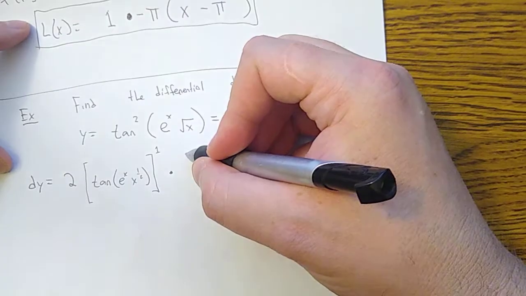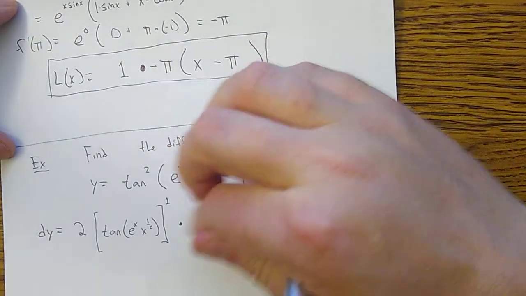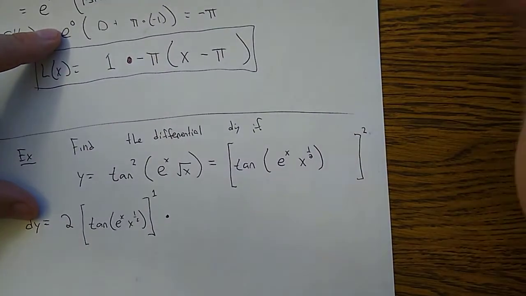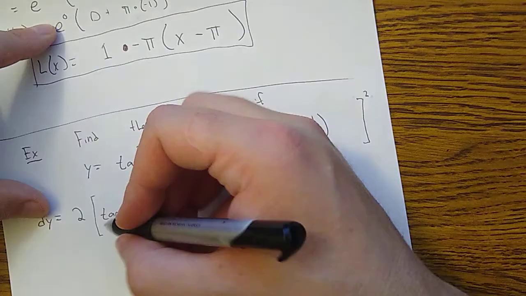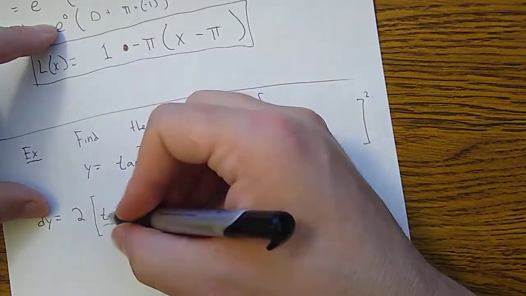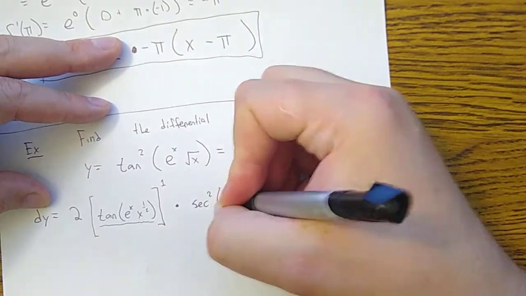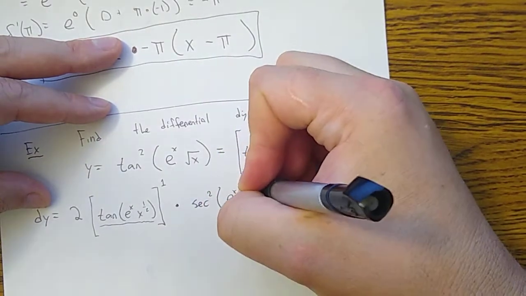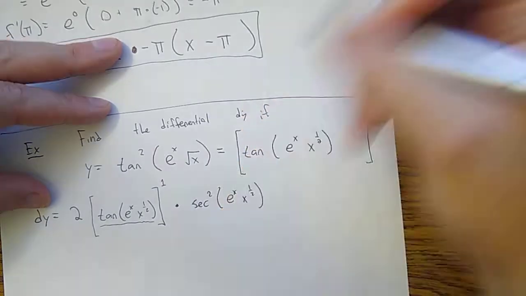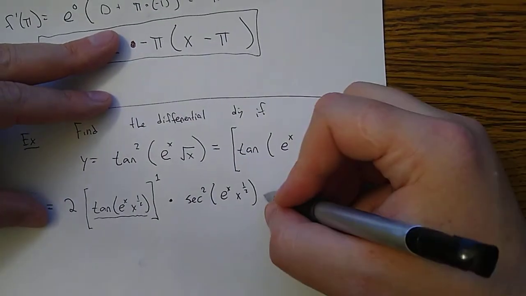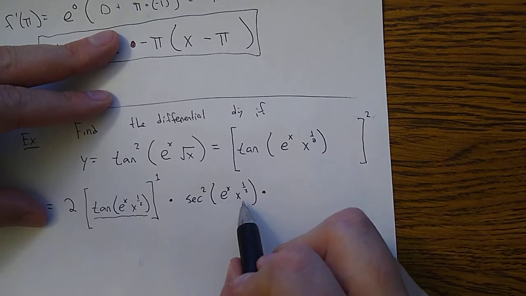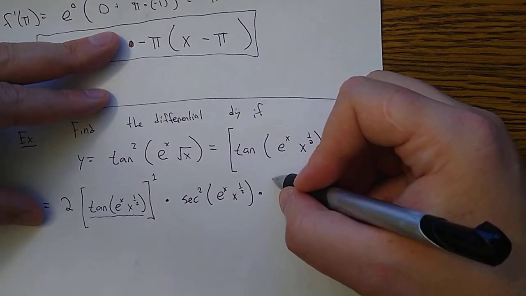So what is the derivative of tangent of this? Well, I'm still doing the chain rule. The first thing I'm going to do is the derivative of tangent. The derivative of tangent is secant squared. And then I would need to multiply by the derivative of that inside.